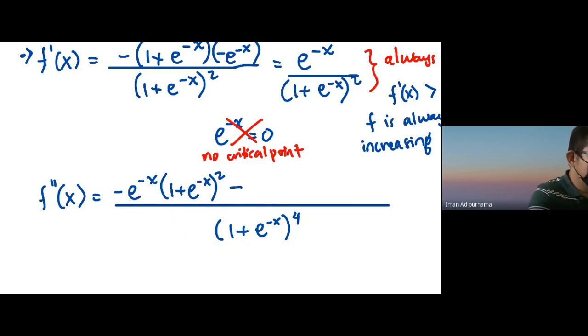Minus e negative x, and then 2, negative 2e negative x.